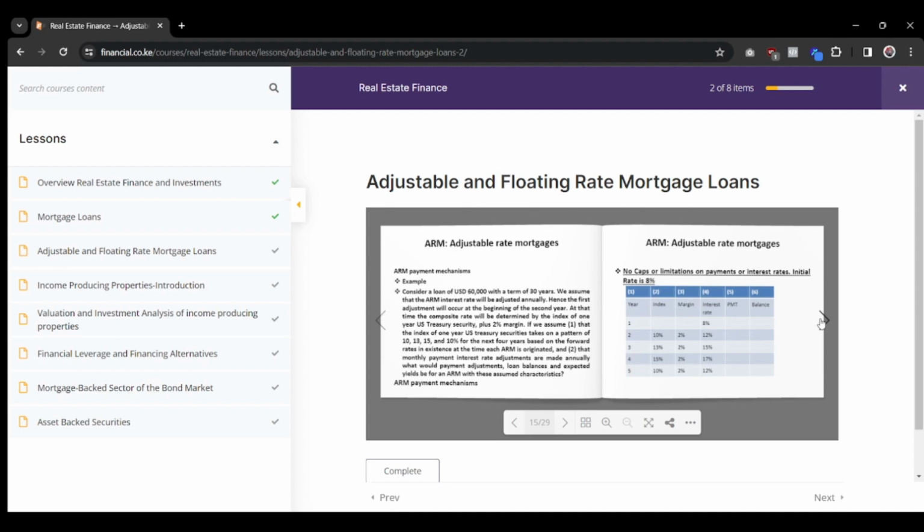At the time, the composite rate will be determined by the index of the 1-year US Treasury security plus a 2% margin.